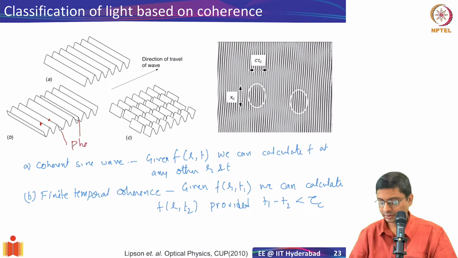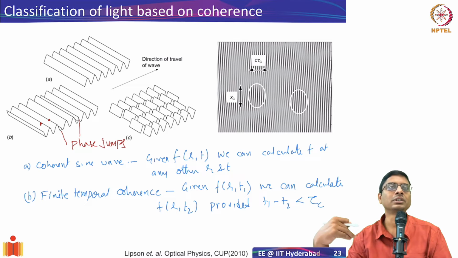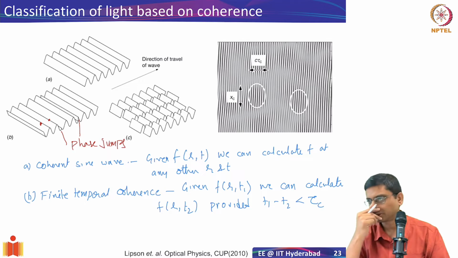These phase jumps will make it impossible for us to predict what happens over a long term. If the time is greater than the coherence time, twice, thrice the coherence time, then it becomes impossible for us to know the amplitude and phase of the wave. If it's just a phase jump, then the amplitude will remain the same, but there is a discontinuity. But sometimes the amplitude changes as well.